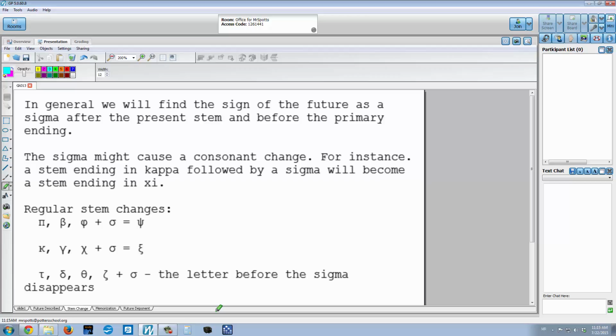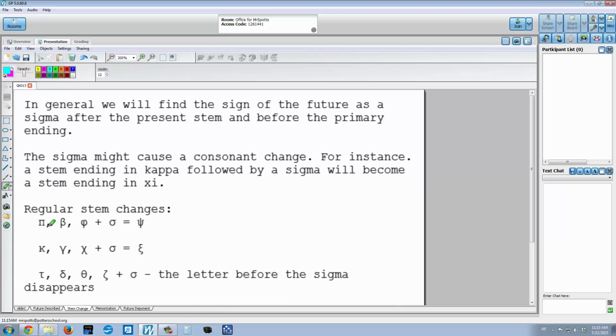For instance, if you have a stem ending in, say, a kappa, and you immediately follow it by a sigma, you'll have the idea of k, s, k, s, ks. You aren't going to see a kappa or a sigma, you're going to see a xi. And that's a very regular way for the stem to change.